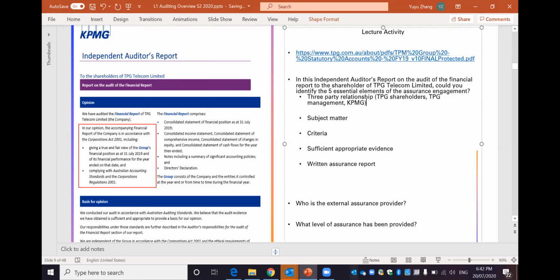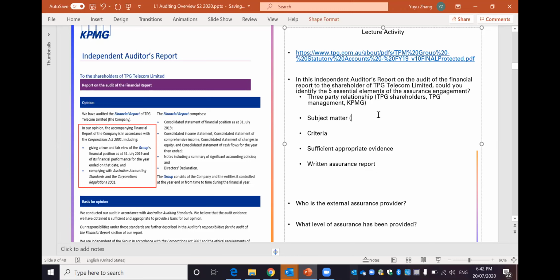Yep. So what is the subject matter? Audit of the financial report.